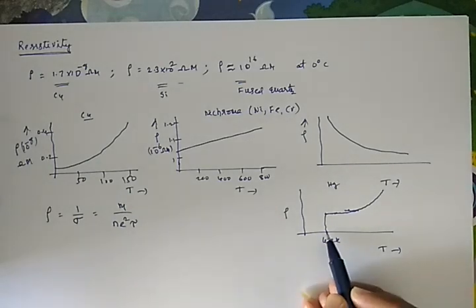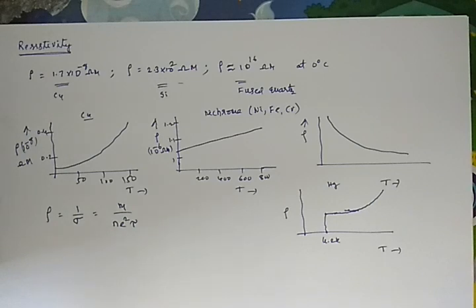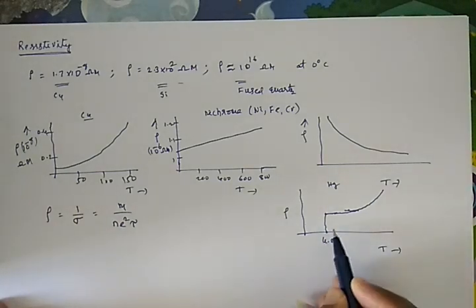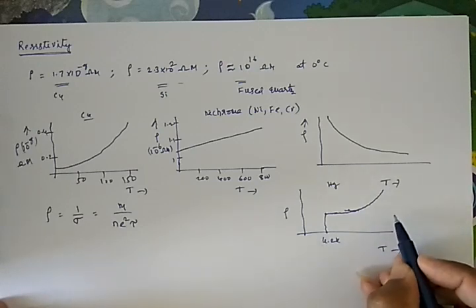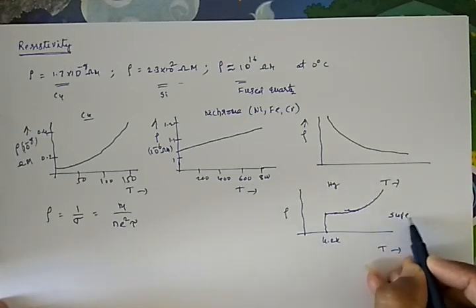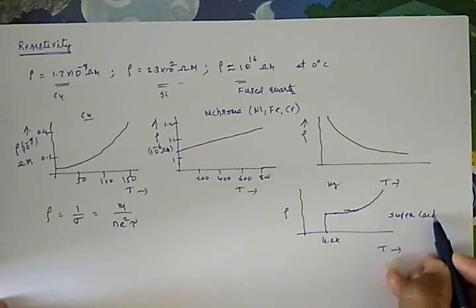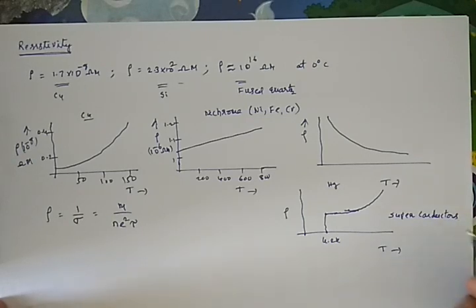When resistivity is 0, conductivity must be infinity. These materials are called superconductors. In superconductors, resistivity is 0 but conductivity is infinity.